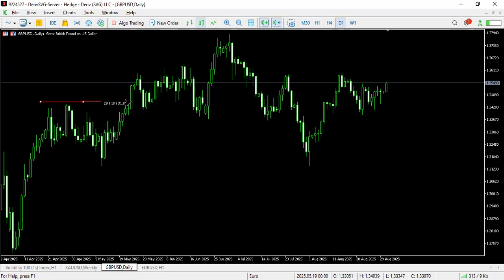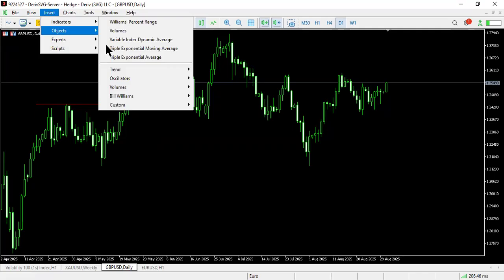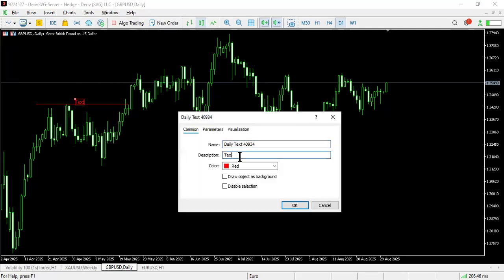So we had a break of structure. So that is a break of structure.